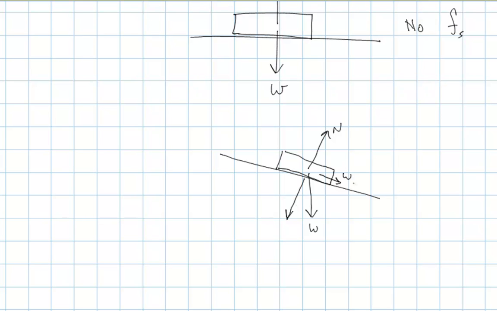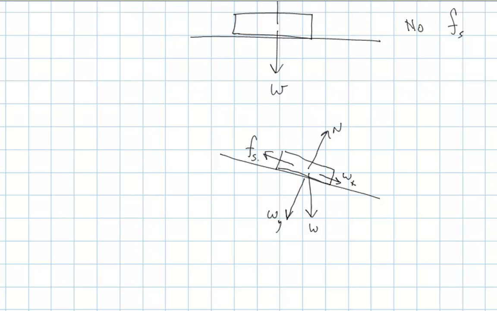I'll call that weight sub x and weight sub y. So there's some force down the incline. Some part of the gravitational force is down the incline. But my book's not going that way. I know that there has to be a friction force up the incline.